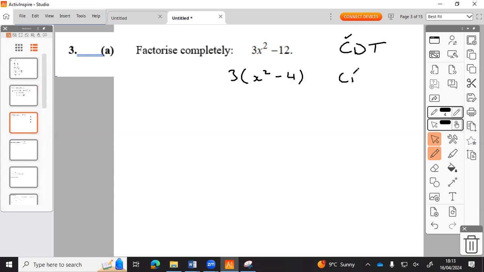Okay, and then we do CDT again. Done the common factor, but we've now got difference of 2 squares. Now we've got our final x plus 2, x minus 2. Okay, and that is it. Factorise fully, and that's worth 2 marks. So you get 1 mark for that step and 1 mark for that step.